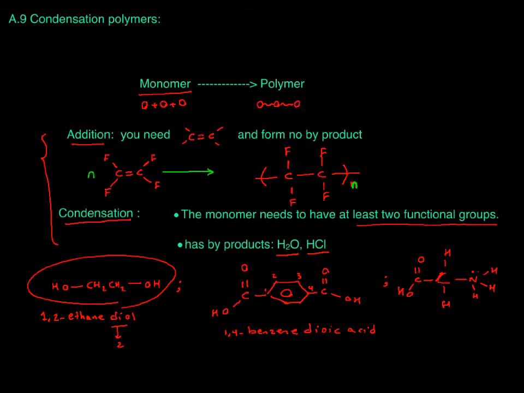Now let's look at two examples that you need to know. I want to get into polyester, but let's talk about esters one more time. You should remember esters are a combination of alcohol plus carboxylic acid. A simple one: we can have ethanol, C2H5OH, plus ethanoic acid. And I put the functional groups next to each other so they have a proper orientation to react.